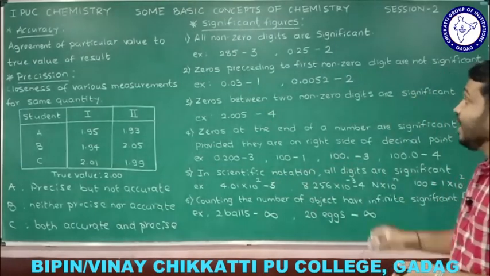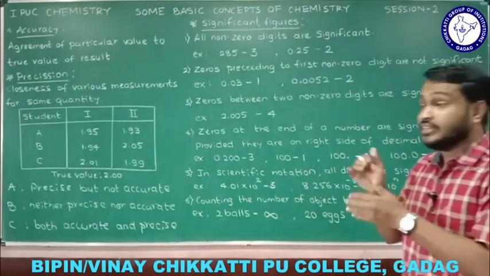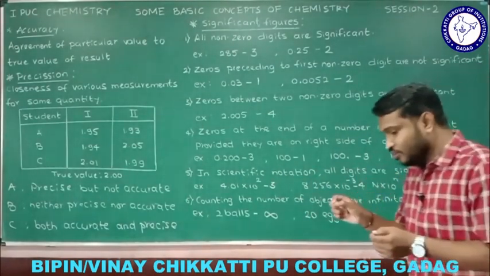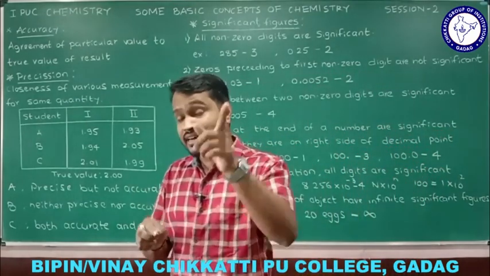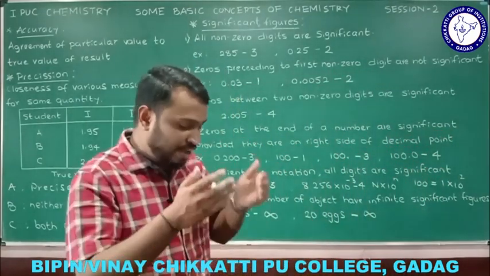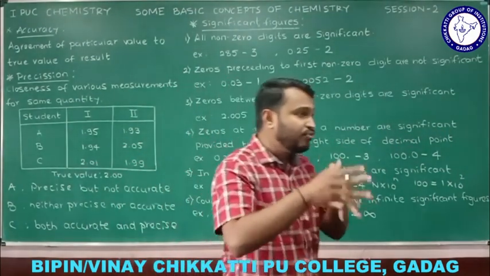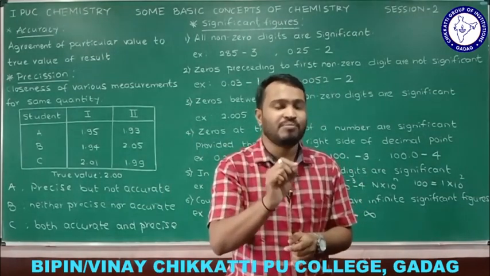If we have zeros preceding the first non-zero digit, these zeros are not significant. If you have a 0 in between 2 non-zeros, that is significant. If we have zeros at the right end of the number, they are significant if we have a decimal point.